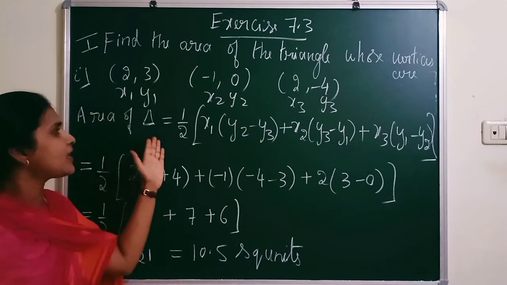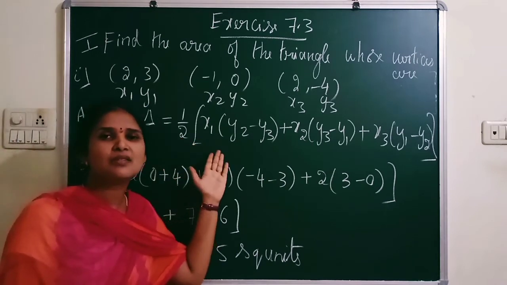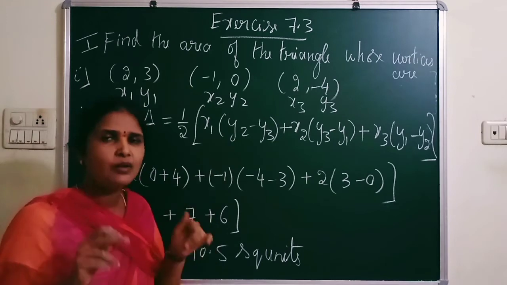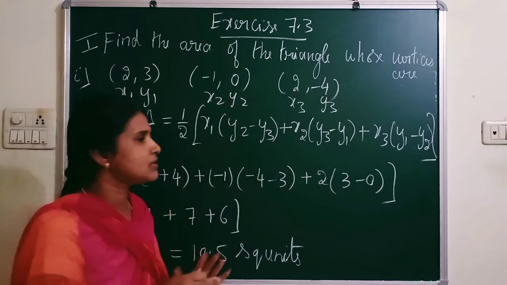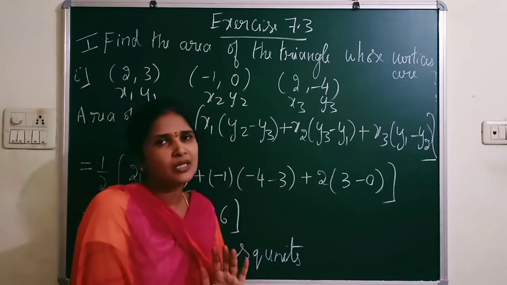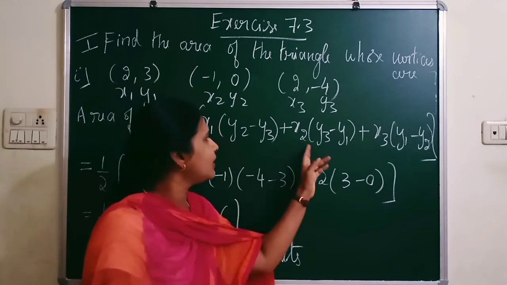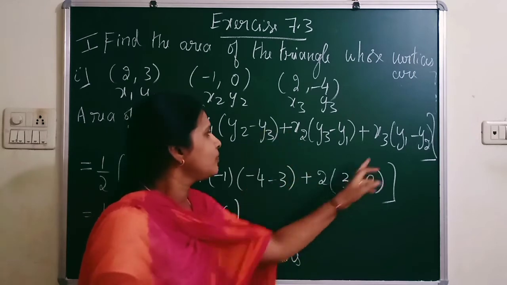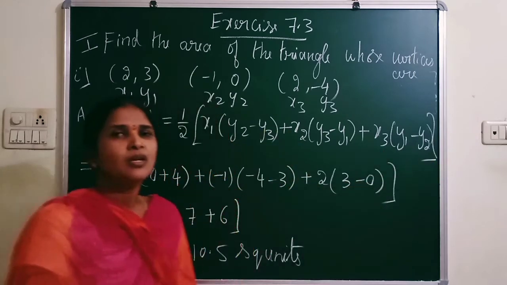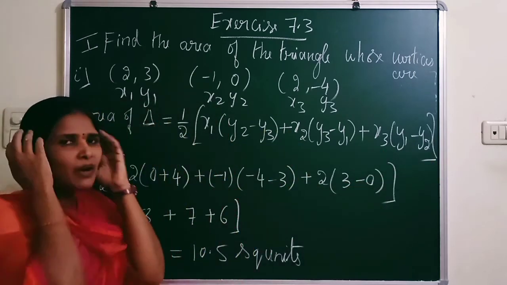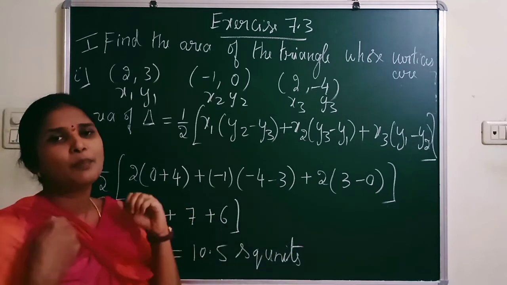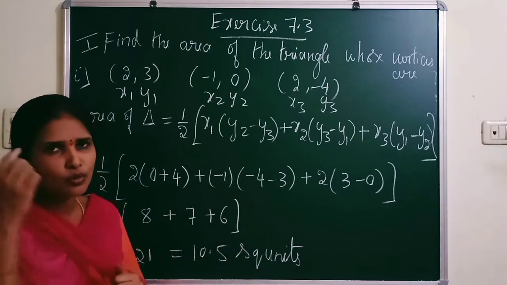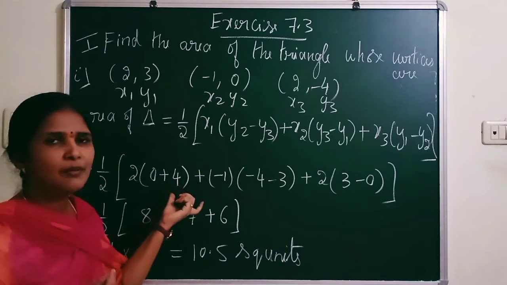So, area of triangle equals half into x1 into, in the bracket, y2 minus y3 plus x2, after 2, 3 comes, y3 minus y1 plus x3 into, come back, y1 minus y2. Without keeping this formula in your mind also you can write this. If you have practiced, you can write the next step directly.